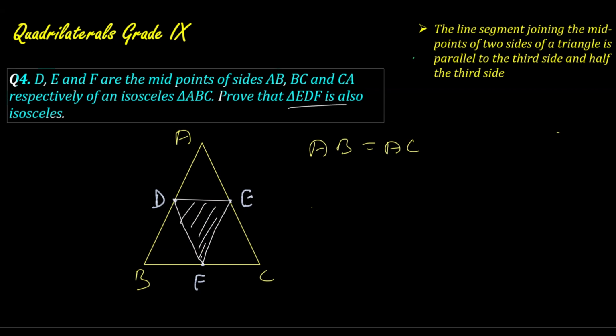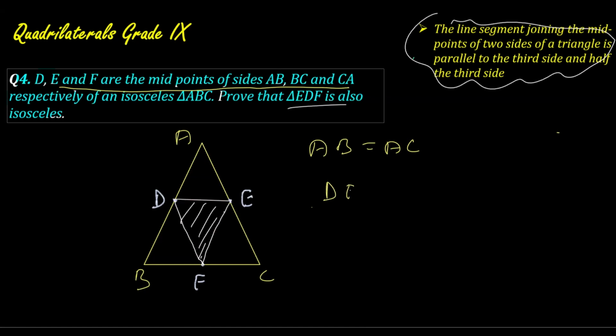Now, clearly, we'll be using the midpoint theorem here. The line joining the midpoints of two sides is parallel to the third side and half the third side.